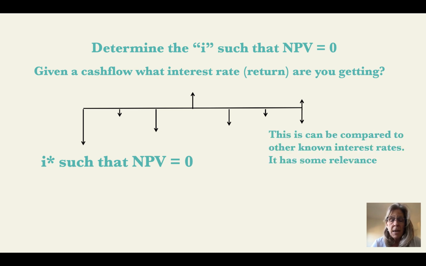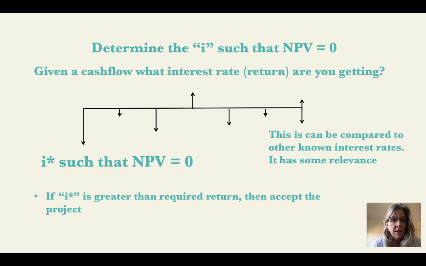This is a very useful thing because it can be compared to other interest rates that you know, like savings rates, alternative investments in the stock market, or the cost of borrowing money. Oftentimes we compare this I star to a required return. So we say, well, for this particular kind of investment with this level of risk, we expect X% return.